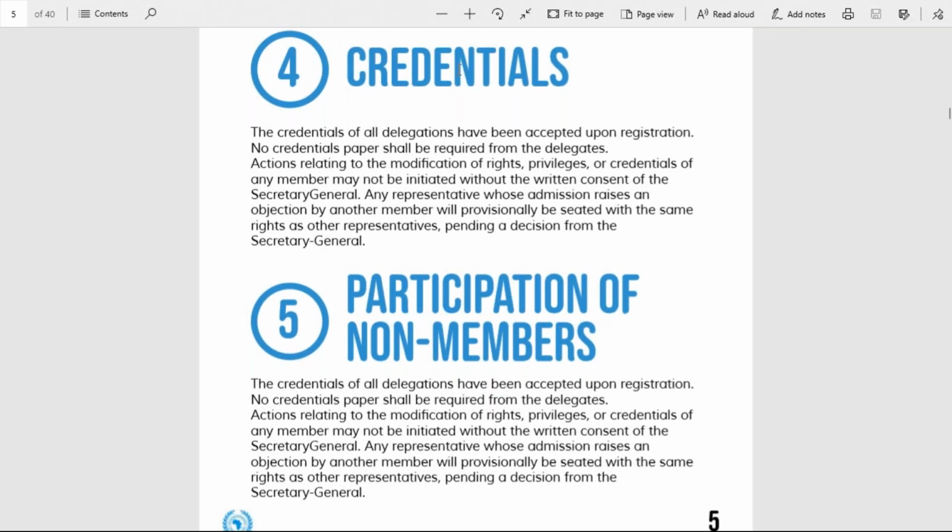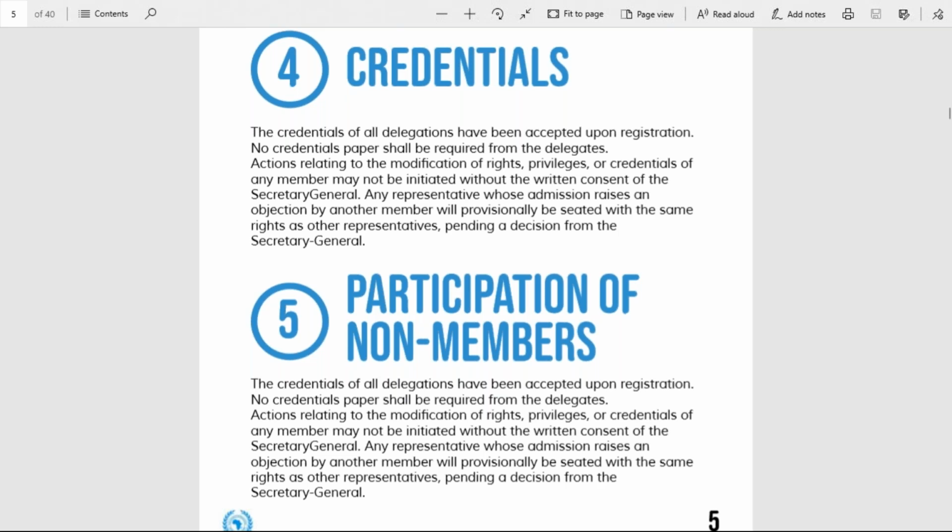However, should your credentials be doubted, or you want to modify your rights, then you'll continue sitting with everyone else until the Secretary General decides to review what rights and privileges you'll be accorded with time. I hope you've understood what credentials are.